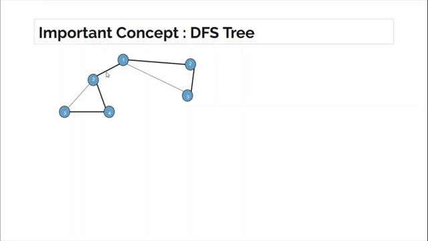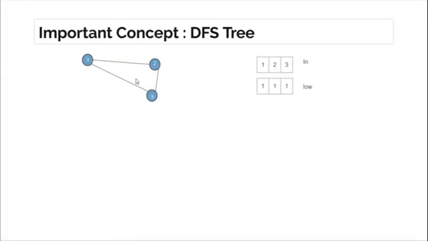So if the root has more than one subtree in the DFS tree, then the root itself is actually an articulation point. This is the criteria for root, and for the rest of the nodes we have the same criteria in which we check the low time and the in time. For root, we would count the total number of subtrees in its DFS tree. We see there are 2 subtrees in the DFS tree of this connected component, hence the root must be an articulation point. In this example, node 1 would have only one subtree in the DFS tree.